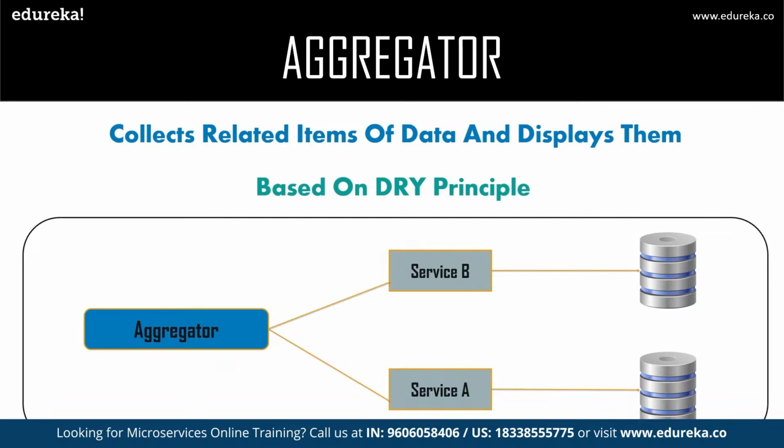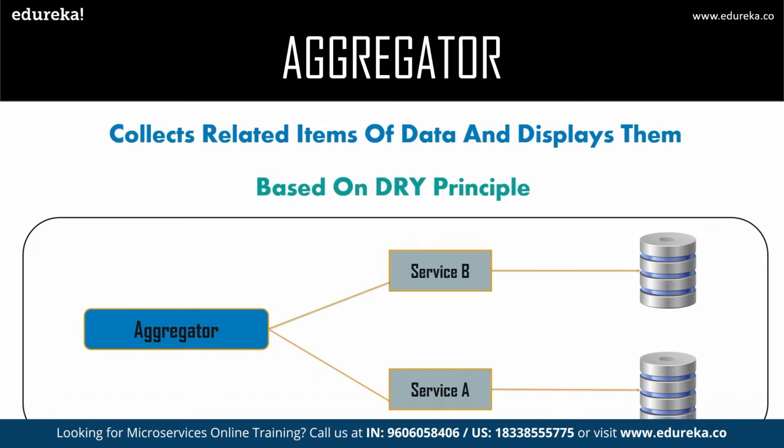Also, before I move forward to the next design pattern, I would like to mention that the aggregator pattern is basically based on the DRY principle. Based on this principle, you can abstract the business logic into composite microservices and aggregate that particular business logic into one service, right? So let's say you have a business logic.